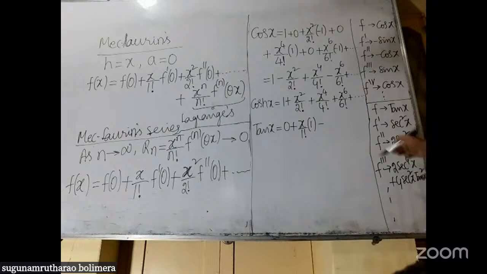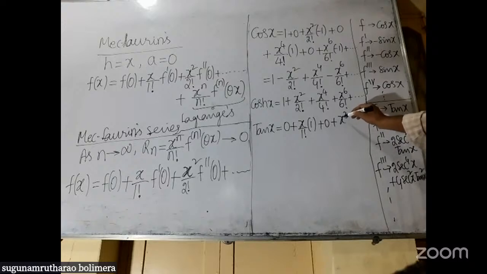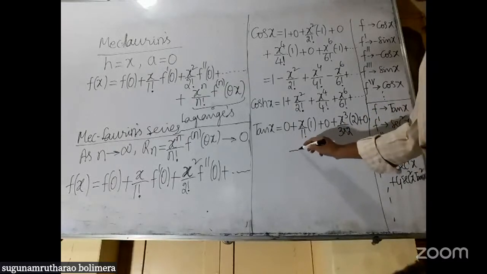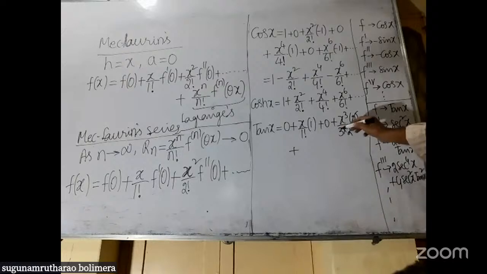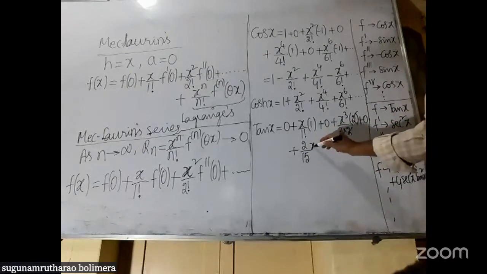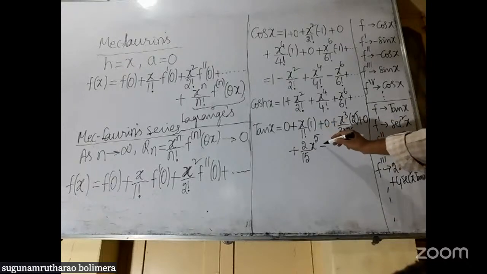Next one will be f double dash 0, next f triple dash of 0, x cube by 3 factorial. 3 into 2, 2 into secant 0 is 1, 4 into secant 0 tan 0 is 0, so you are getting only 2, plus 0, plus if you keep on writing this, the next term will be 2 by 15 x power 5 plus so on.